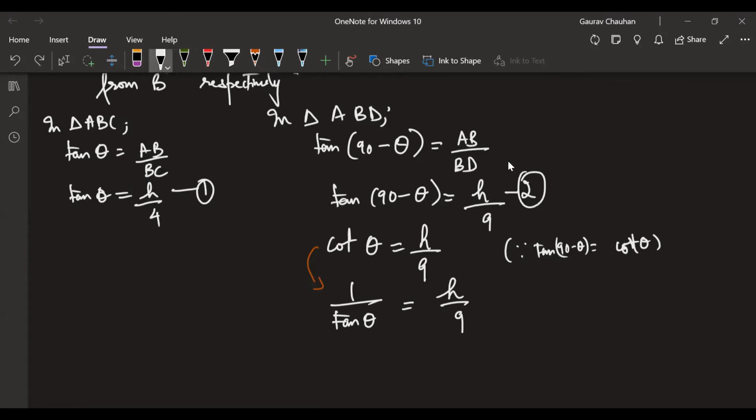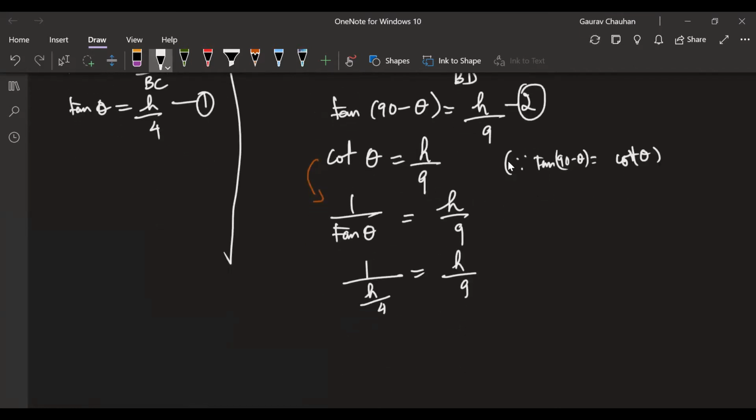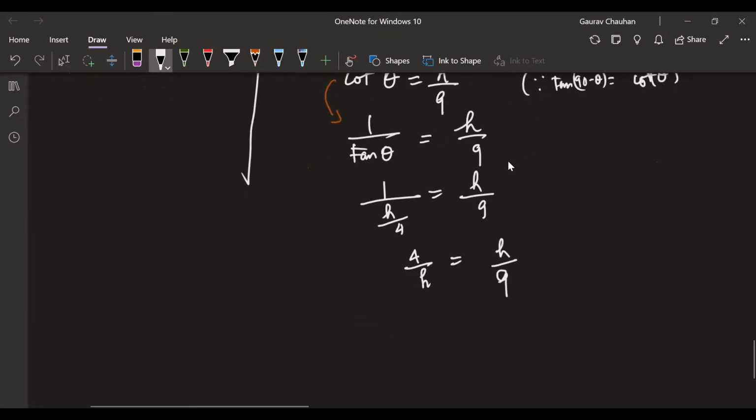So what do you get right now? Let me draw a partition here. This should be written below. So you have 1 by h by 4 is equal to h by 9. It's basically 4 by h is equal to h by 9. Cross multiplying, 4 into 9 is equal to h square. h square is equal to 36.